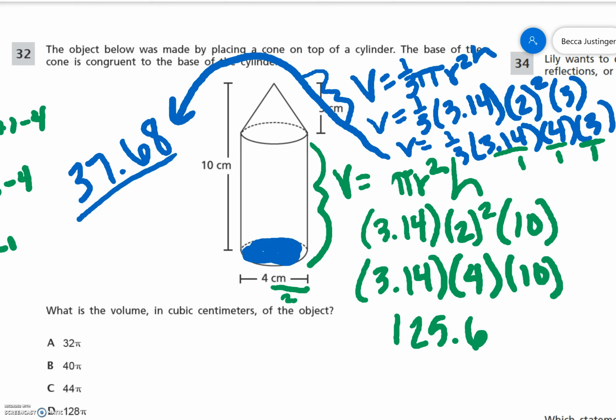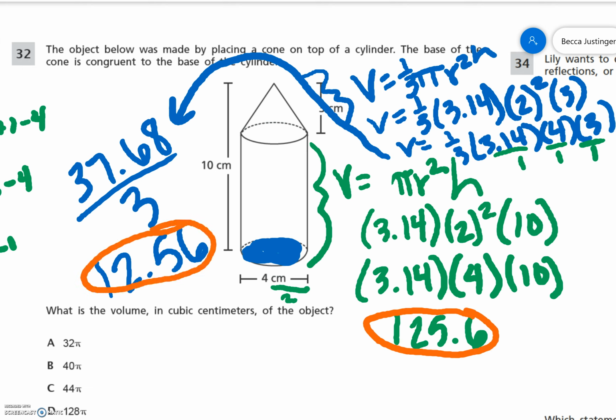And 3 times 1 times 1 times 1 is 3. So then we divide. And this is 12.56. So we have to take these two numbers and add them together. Oh no. Okay. I didn't have to do it. See how they left all the answers in pi? We didn't have to multiply pi in there, but that's okay.